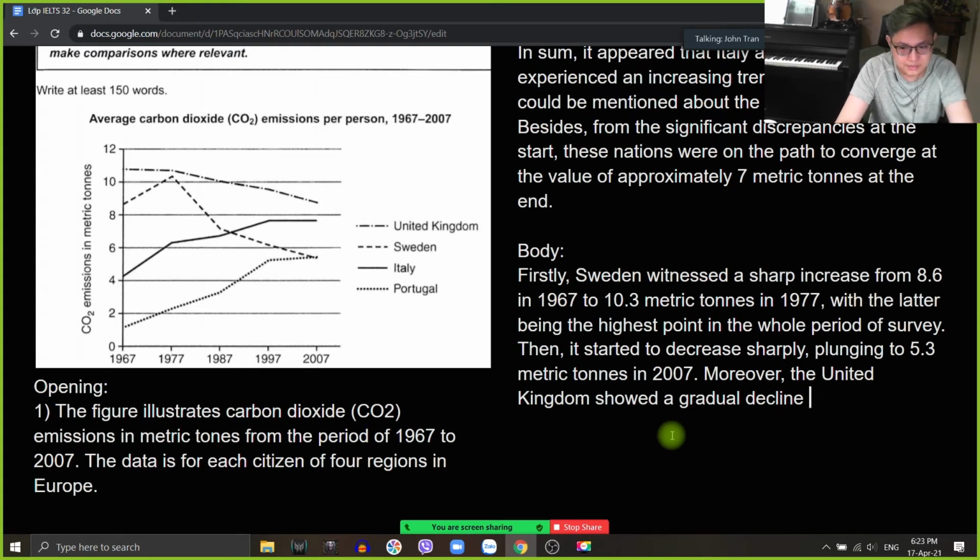Showed a gradual decline in the study period. Trong cái giai đoạn nghiên cứu, in the study period. Basically, the study period means the whole 4 decades here. Cái giai đoạn nghiên cứu tức là 40 năm này nè. In the study period.